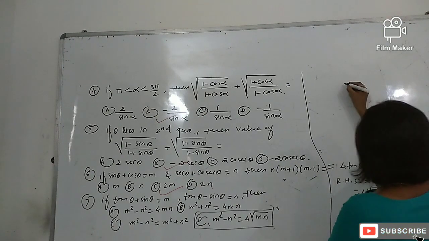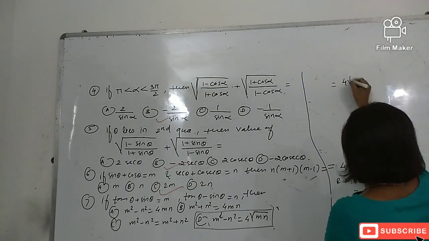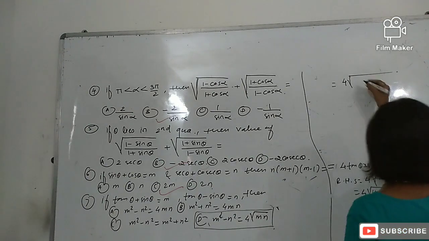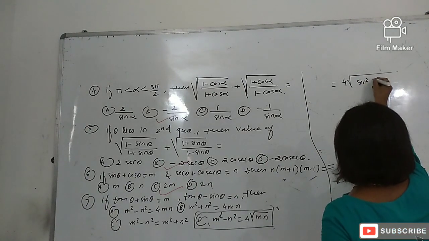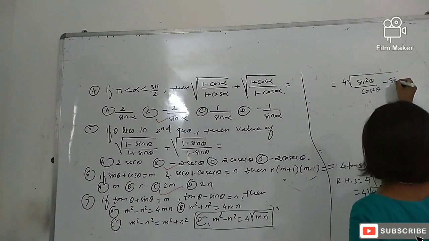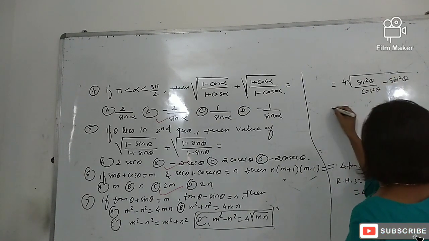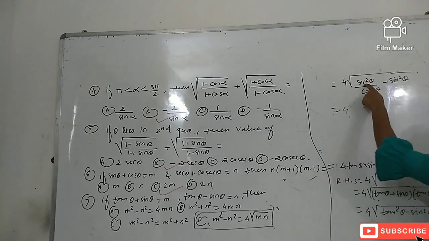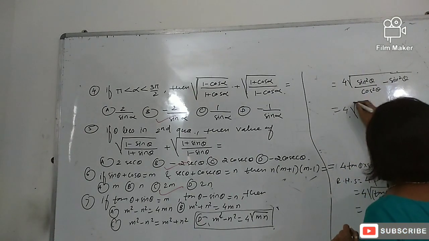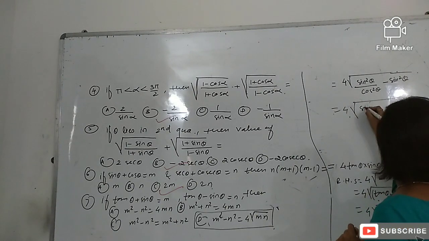So just simplify that for the square root. Write this tan square in terms of sin and cos. Tan square means sin square theta divided by cos square theta, minus sin square theta. Now I can take sin square common, or first you can do cross multiplication, whichever you want.